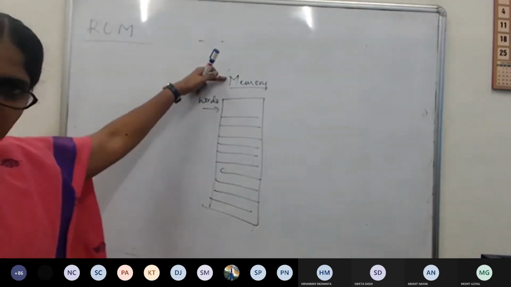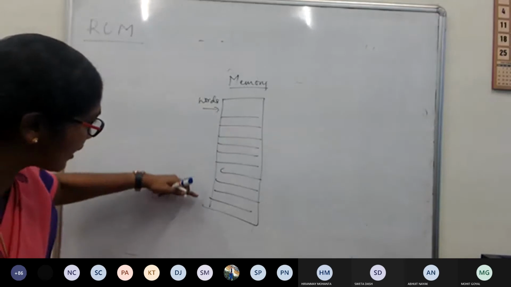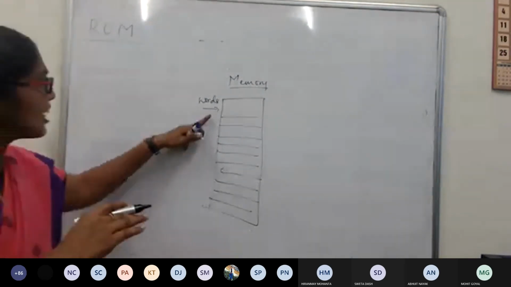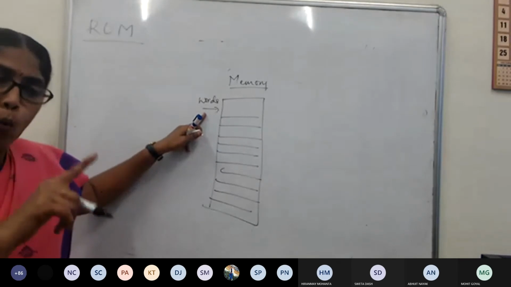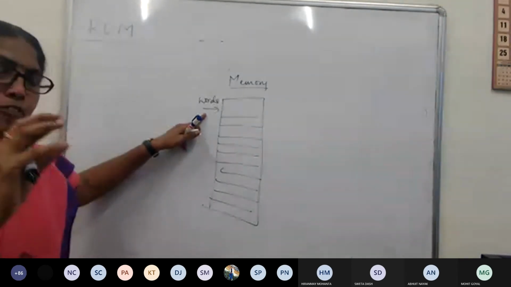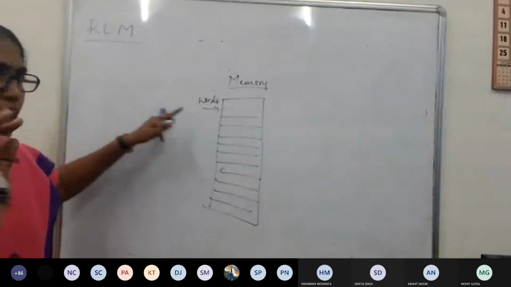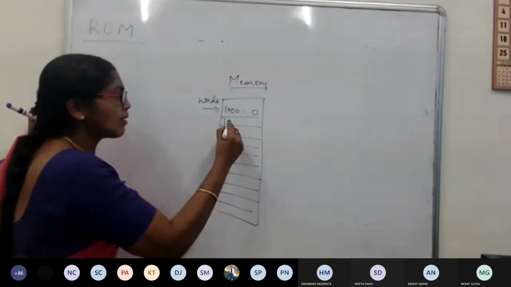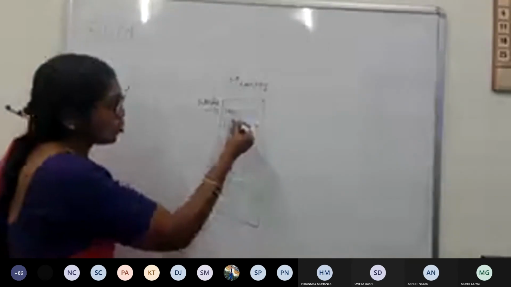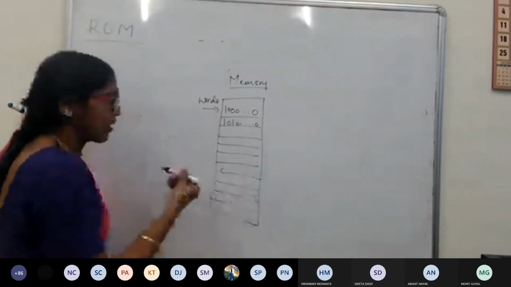So this is a memory, and I have lots of shelves in it, and each shelf has words, right? And each word has a specified number of bits. So however many bits there are here, that many bits are here also. Like that, this memory will be.